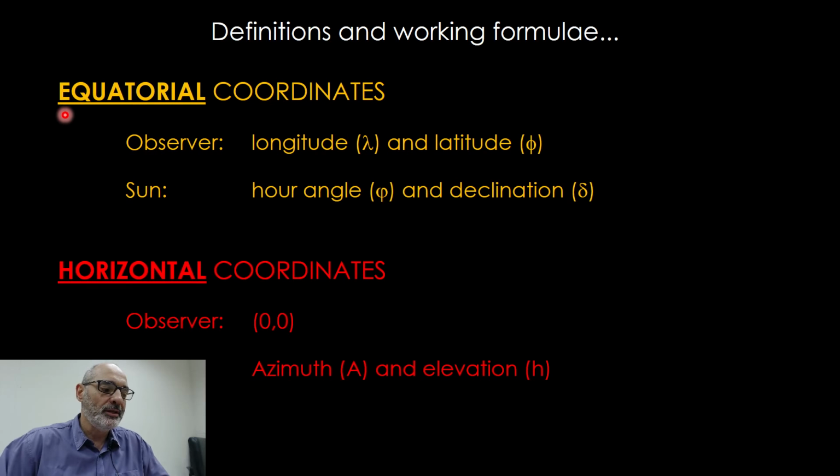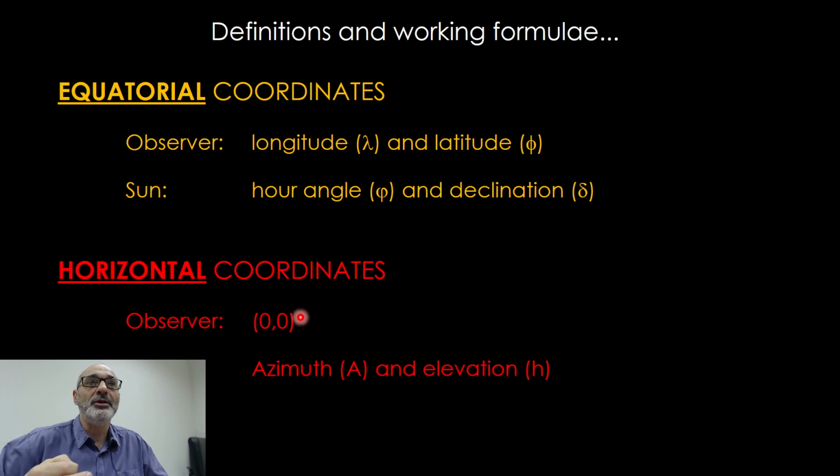Just to summarize what we have right now, we have two sets of coordinates: equatorial coordinates and horizontal coordinates. In equatorial coordinates, our observer is described in terms of his longitude and latitude, lambda and phi, okay? And the position of the sun is defined in terms of the hour angle, phi, and the declination, delta, okay?